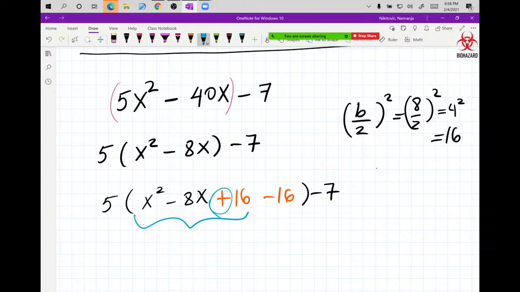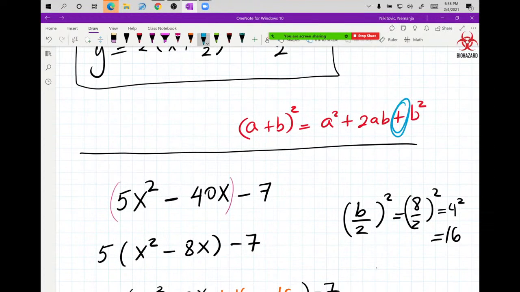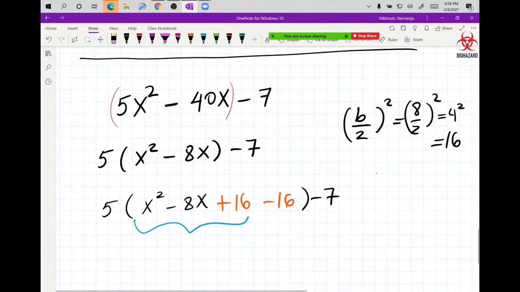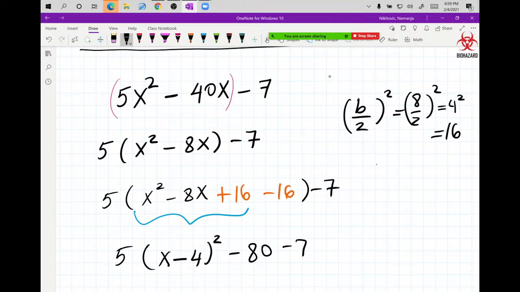You always add first because your quadratic formula has plus b squared. So you always add and then subtract, because this is the one that you will not use. Now we have 5 times the square root of the first, sign of the second, square root of the third, minus 16 times 5, that's minus 80, minus 7.